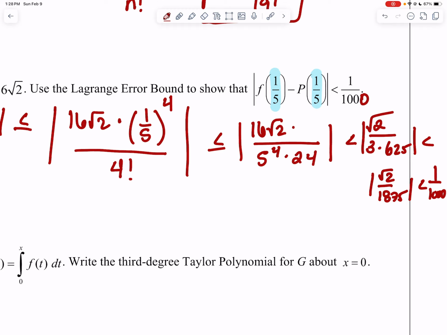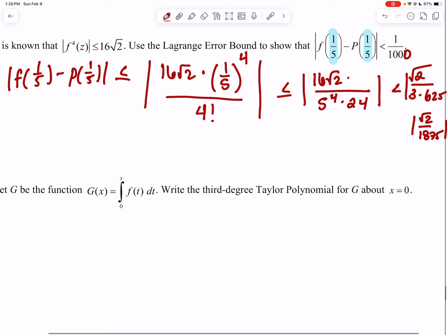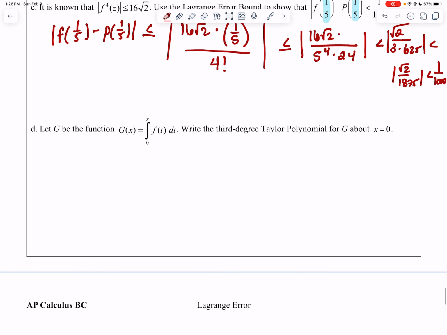All right, and then we have part D. We have g of x is equal to the integral from 0 to x of f of t dt, and we want to write the third degree Taylor polynomial for g about x is equal to 0.